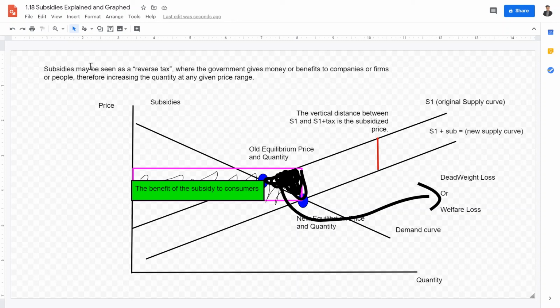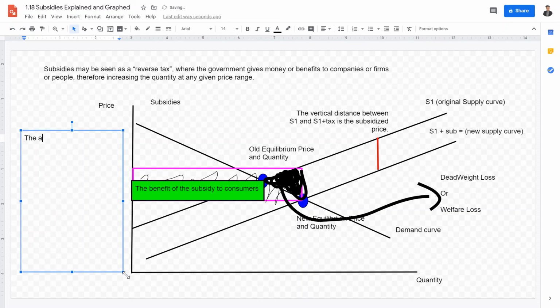Now, what are some major examples of subsidies? For example, the American corn and dairy industry is heavily subsidized by the government.